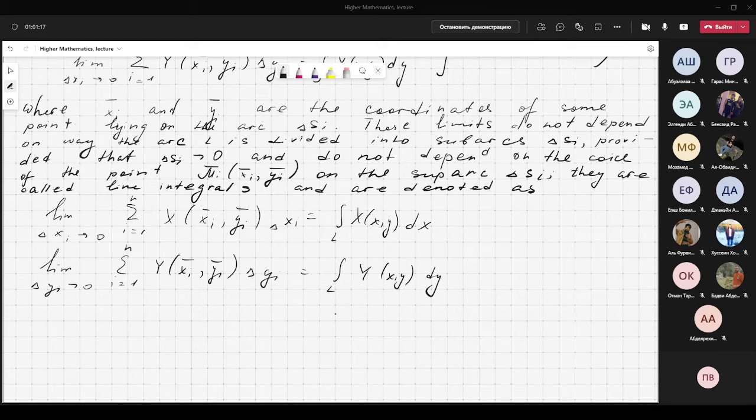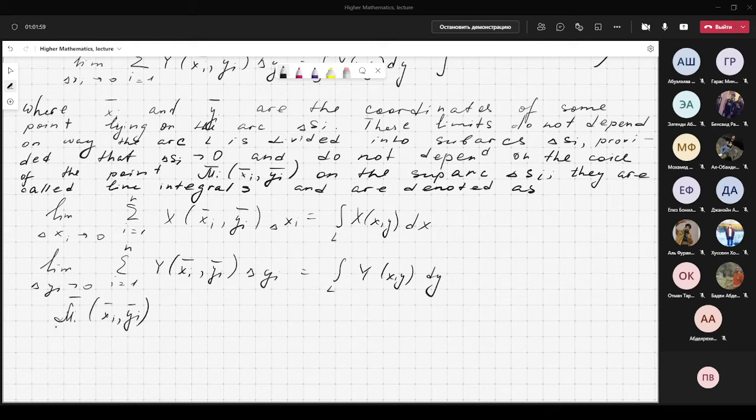From this theorem, it follows that the sums defined in the preceding section, where the points M_i bar with the coordinates xi_i bar and yi_i bar are the extremities of the subarcs delta s_i, and the manner of partition of the arc L into subarcs delta s_i is arbitrary, approach the same limit, the line integral.